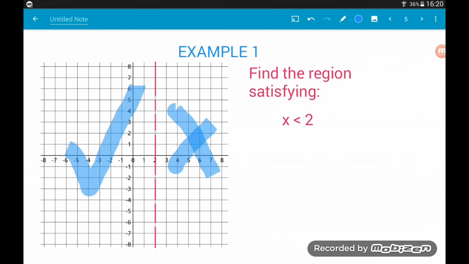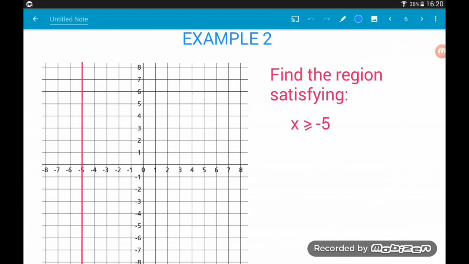Okay, let's have a look at another one. Example 2, here we've got x is greater than or equal to minus 5. Again, our first move would be to plot the line x equals minus 5, which is already done here.